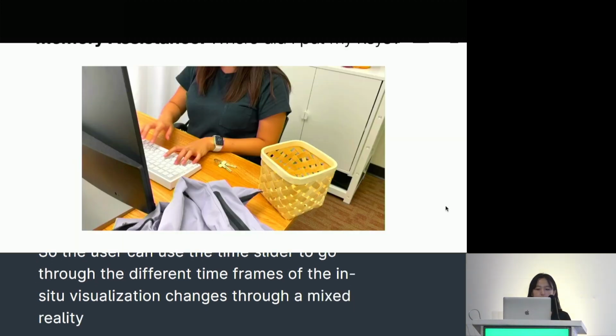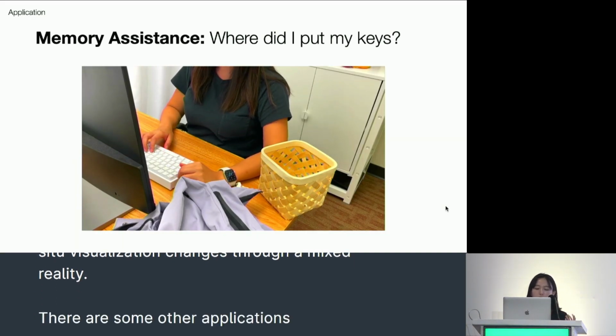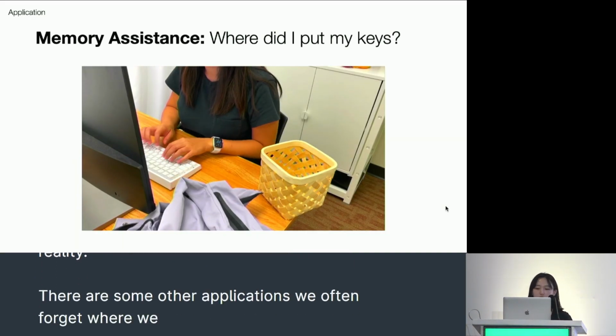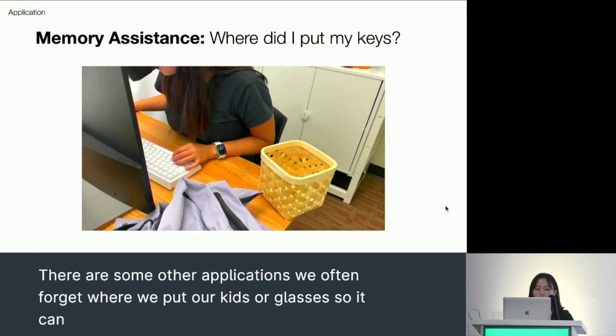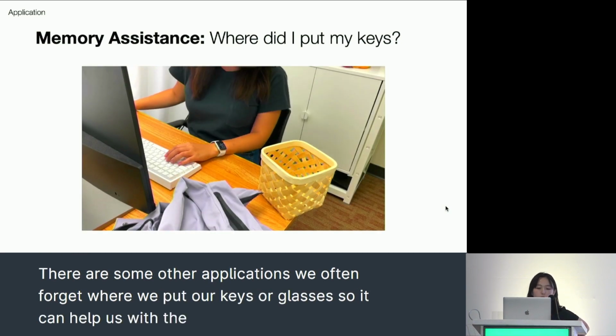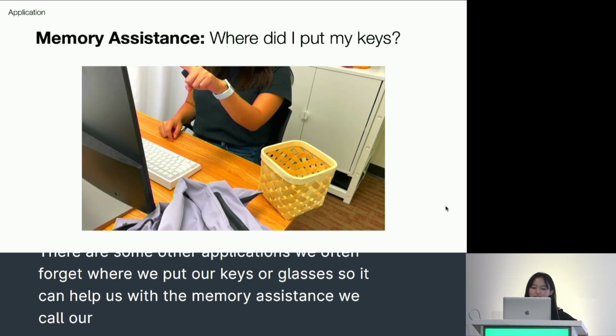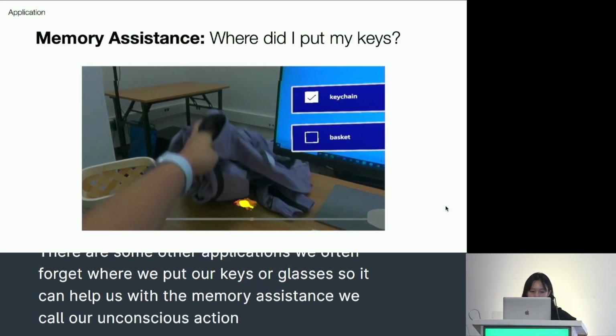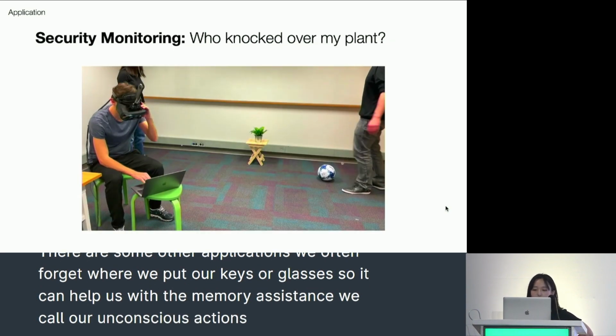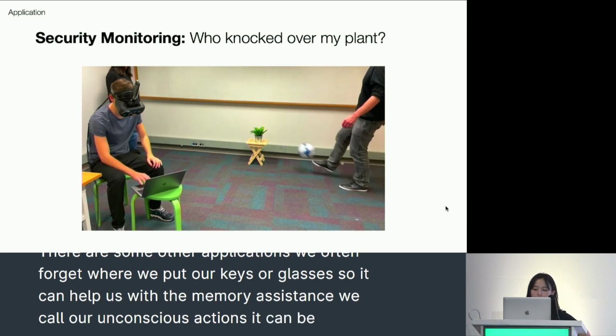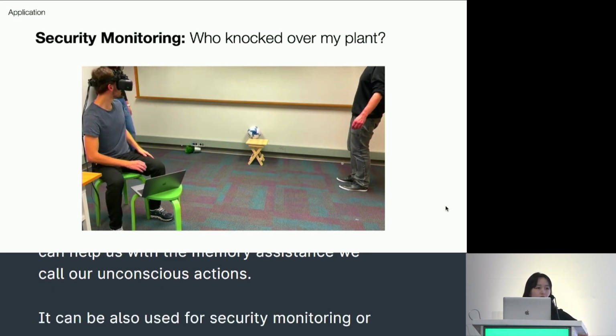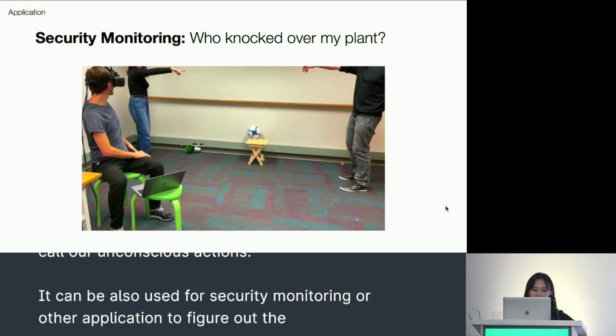Here are some other applications. We often forget where we put our keys or glasses, so it can help us with memory assistance to recall our unconscious actions. It can be also used for security monitoring or other applications to figure out the causality of an event.